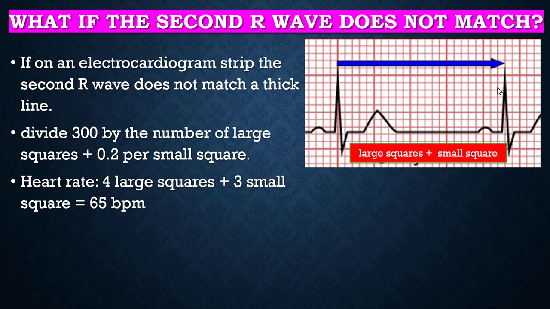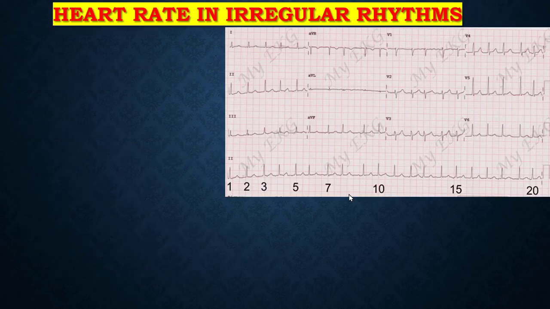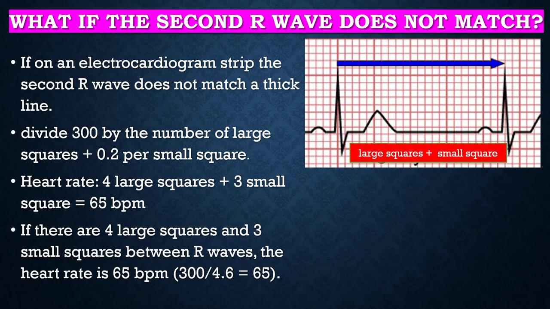When we multiply 3 by 0.2, the result will be 0.6, so 4.6 large squares, and when we divide 300 by 4.6, we will get the heart rate of 65 beats per minute. If there are 4 large squares and 3 small squares between RR, the heart rate is 65 beats per minute.